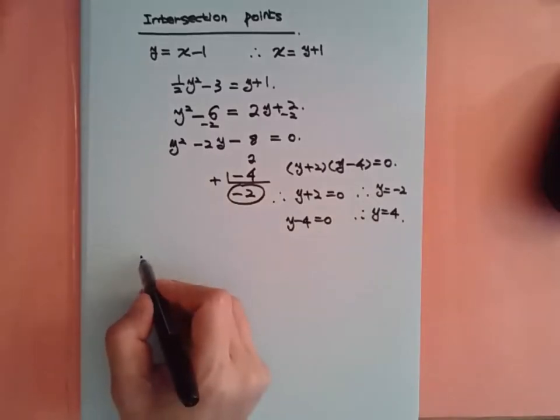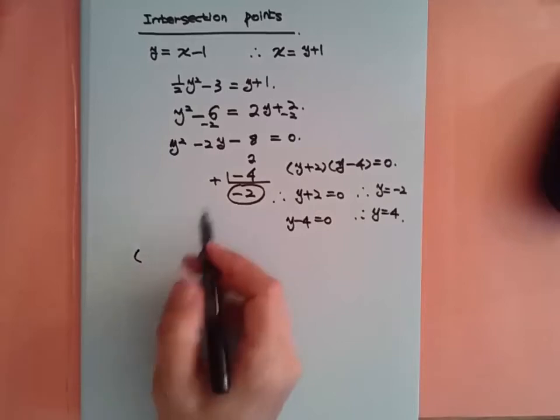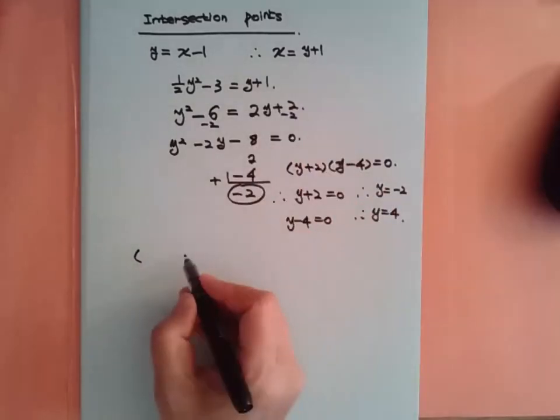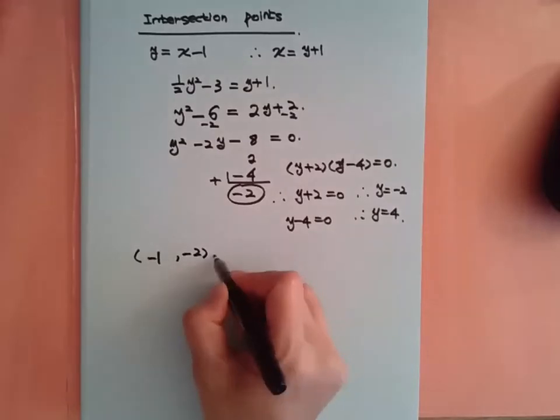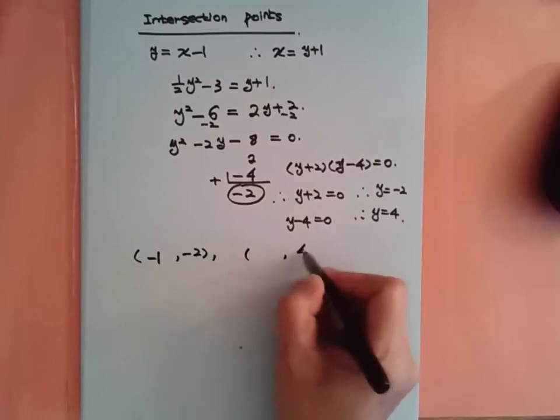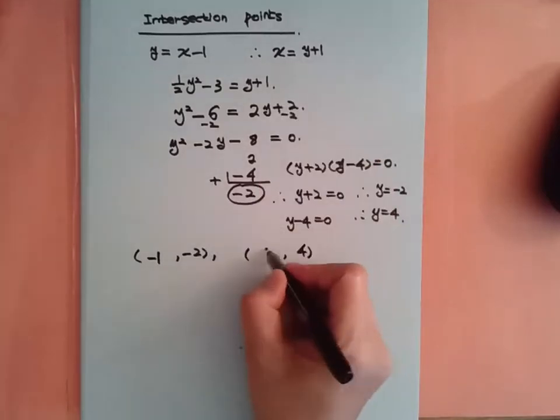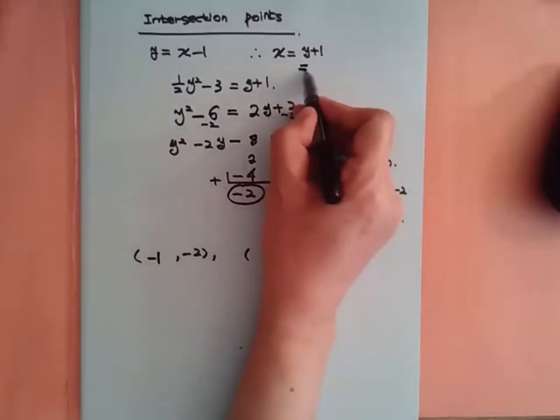For the intersection points, x is y plus 1. So when y is minus 2, x equals minus 1. And when y equals 4, x equals 5, because that is just 1 more than y.